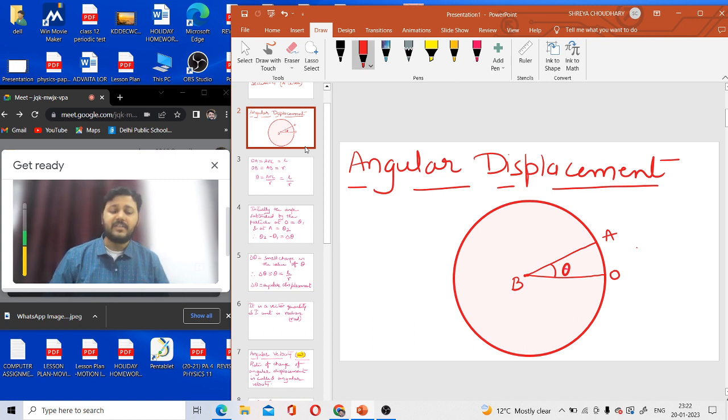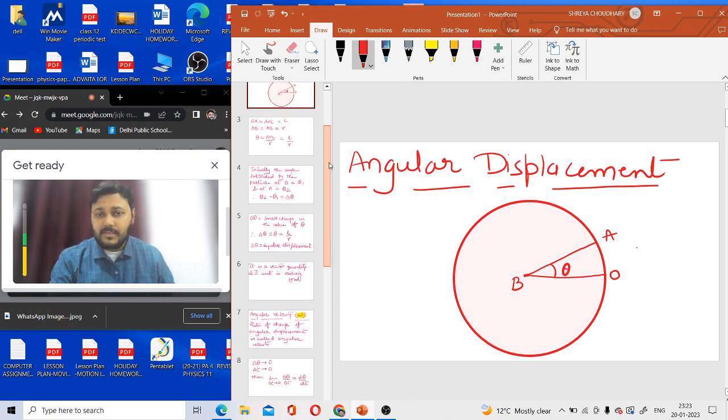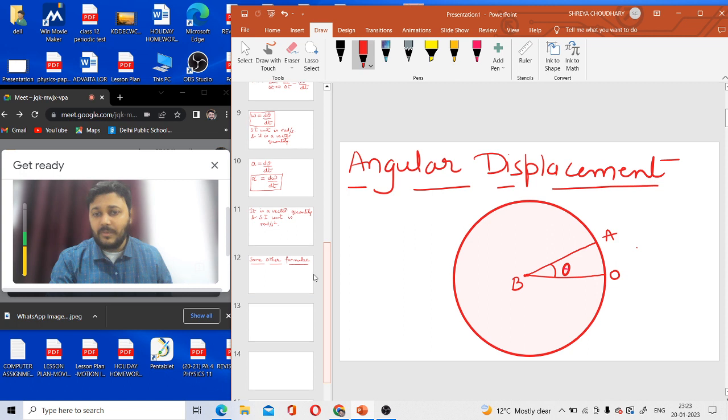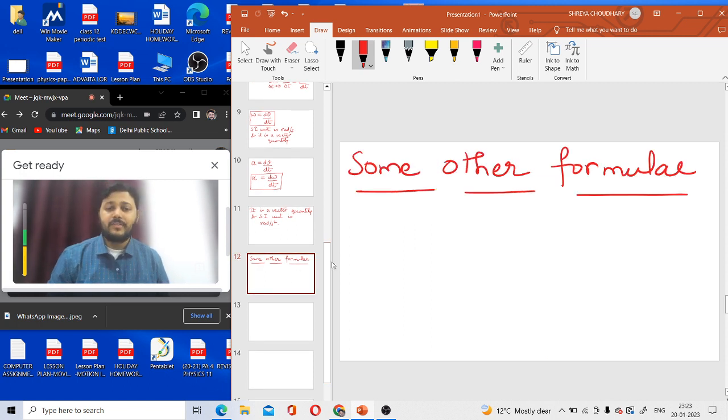Since the particle is moving on a circular path, it subtends some angle, hence the word angular is incorporated in the physical parameters. Okay, so let us see some other formulae of angular acceleration as well as angular velocity.